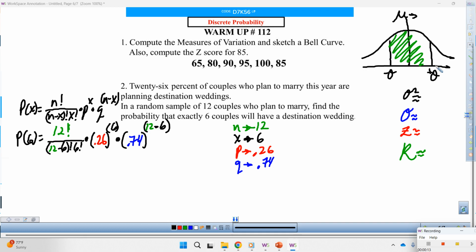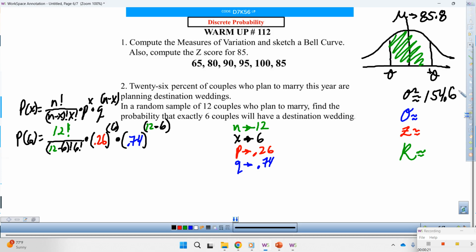All right, mu. What'd you get for mu, Maximus? $85.8. All right, how about the variance, Maximus? $154.6.